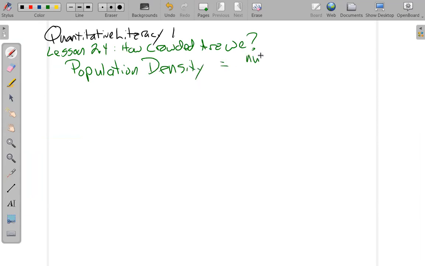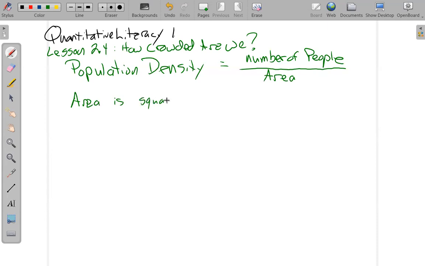So it's always number of people divided by the area that they are in. And number of people is pretty straightforward. Area could be measured in a few different ways. So sometimes we'll measure area in square miles, which we might abbreviate as SQMI.